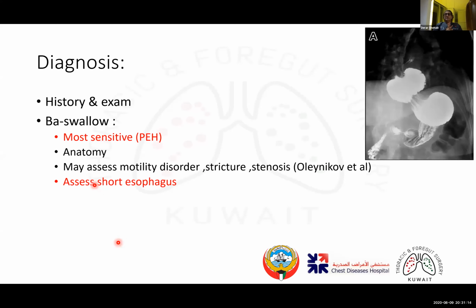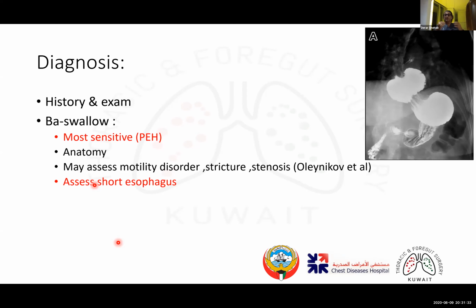So a careful history and examination is warranted in those populations. The barium swallow probably is the most sensitive test. Barium swallow in paraesophageal hernia is very important.